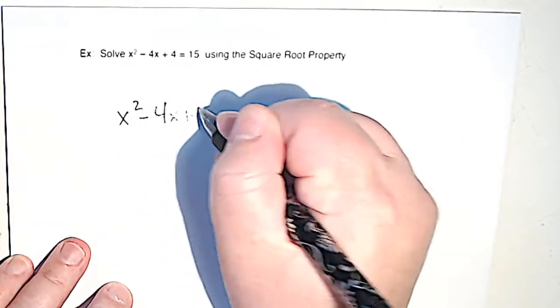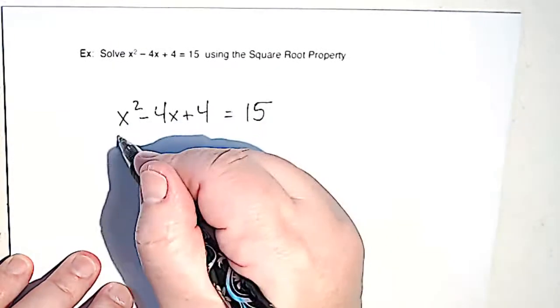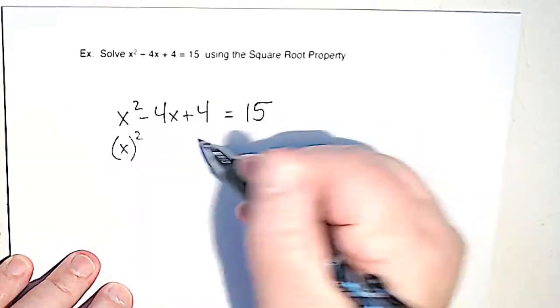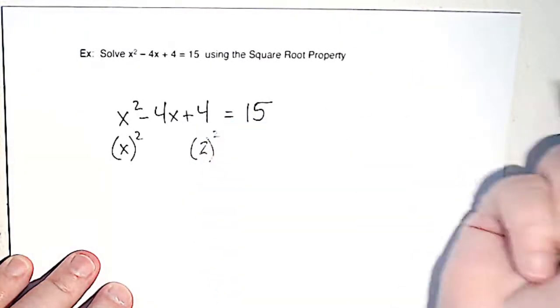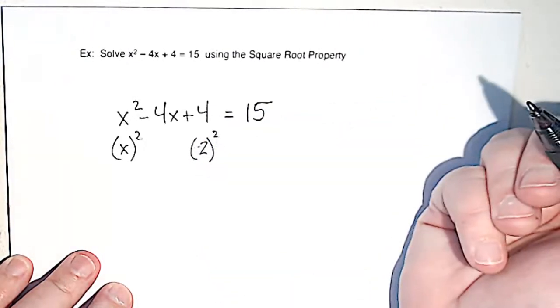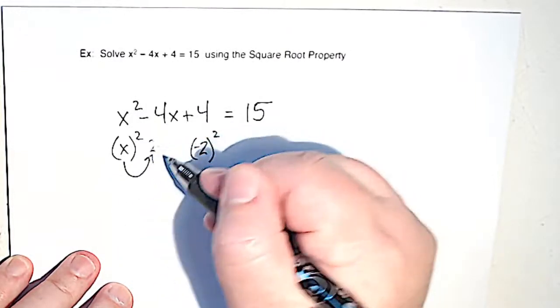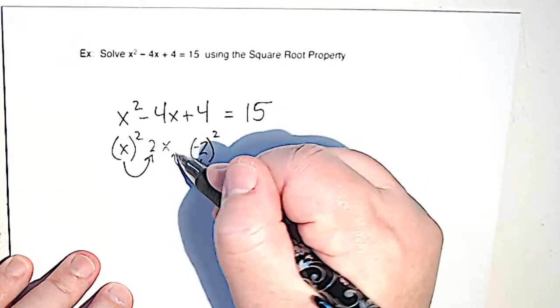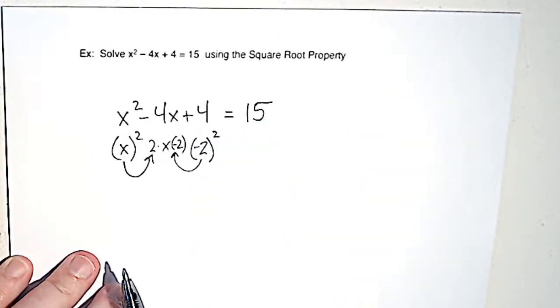I'm not sure if this looks familiar, but I've got x squared and I've got 2 squared. In fact, it's negative 2 squared. And in the middle, I have a 2 and an x and a negative 2. So hopefully you remember what this is. This is a perfect square.